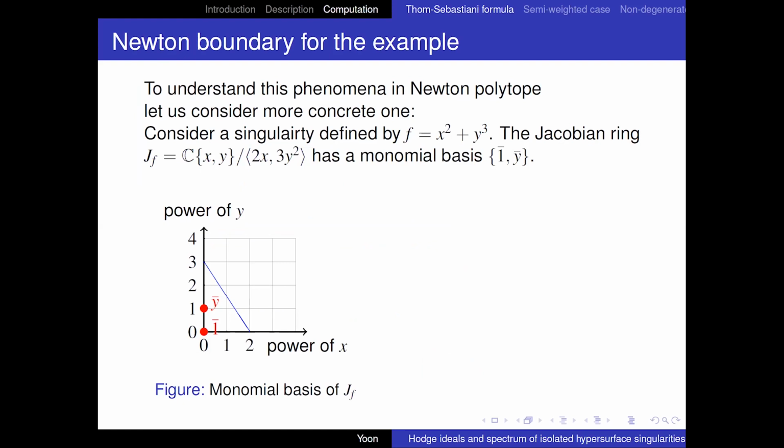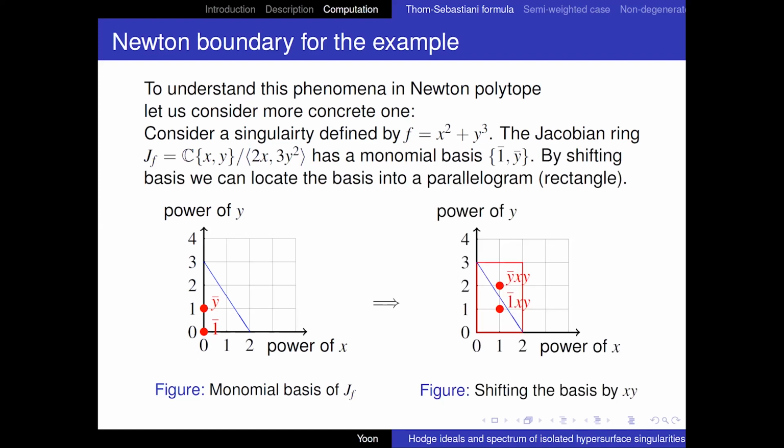Let's see what happens in the Newton boundary, the Newton polytope. Consider the cusp case here. The Jacobi ring has two monomial bases, 1 and y, located at the red dots here. However, we can multiply each generator by xy. Then 1 goes to (1, 1); the origin moves to (1, 1).